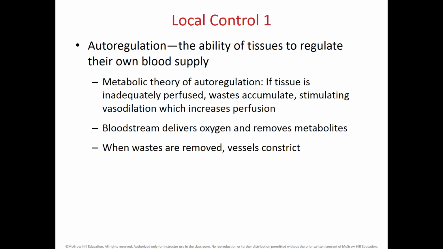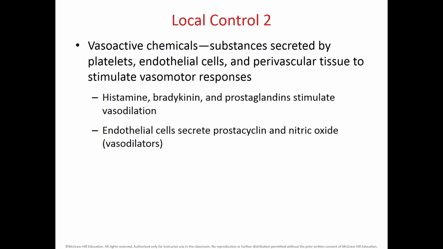So the demand for oxygen is detected by the cells, and the increase of CO2 is also detected, and that will stimulate the endothelial cells of this muscle that you are working out, so you can increase the diameter of the blood vessels so you can increase perfusion. Once you remove that CO2, or when you stop doing exercise, your blood vessels will return to the normal diameter.